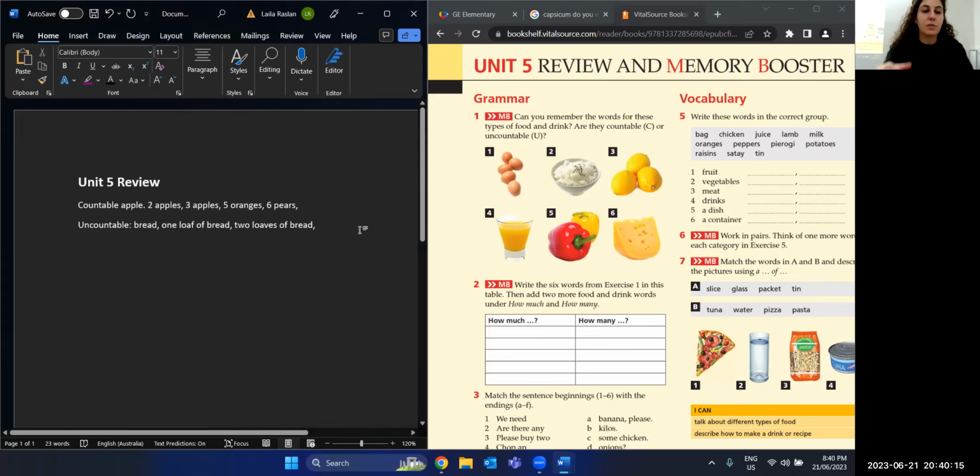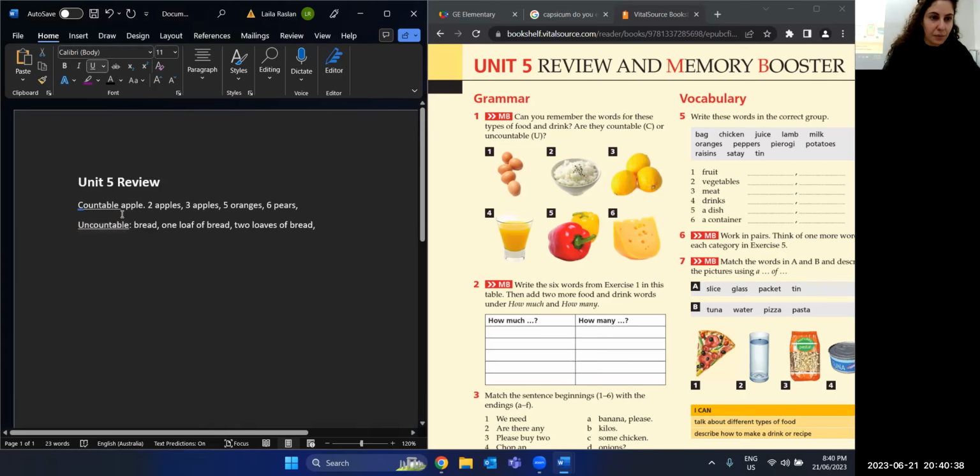If I said rice, it would have to be a bag of rice or 2 bags of rice. So for the uncountable nouns, I must put words in front of it like this: 1 loaf of, 1 bag of, whatever. So remember, we looked at that. So countable, the difference between countable and uncountable.